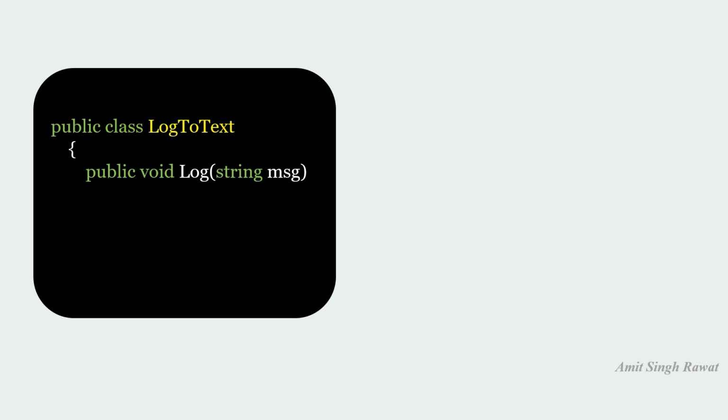So public class LogToText, bracket open, public void Log, string message, Console.WriteLine message, bracket close, and your class is ready. Just assume that instead of Console.WriteLine, in the real world, it will log your message into some kind of text file.